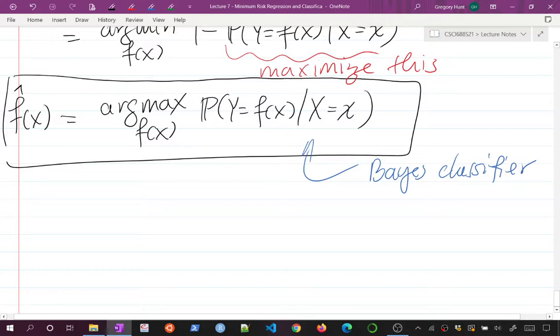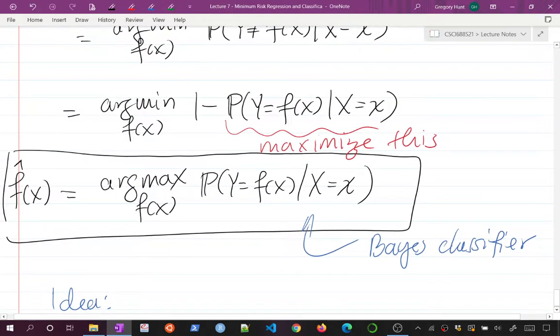So what is the optimal thing to do? What does this actually mean, right? What I'm doing is I'm saying, given I've observed a little x, I'm going to calculate the probability. In fact, I could simplify this even more, right? Because my f of x's are just classes. So I could even just say this, right? This is going to be easier to interpret.